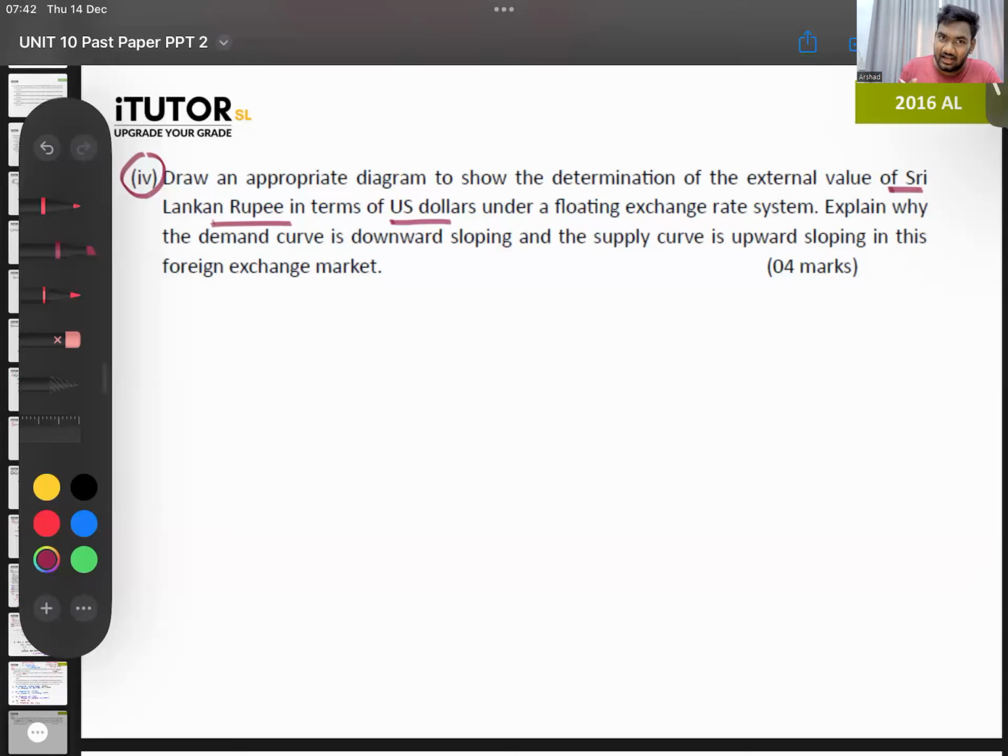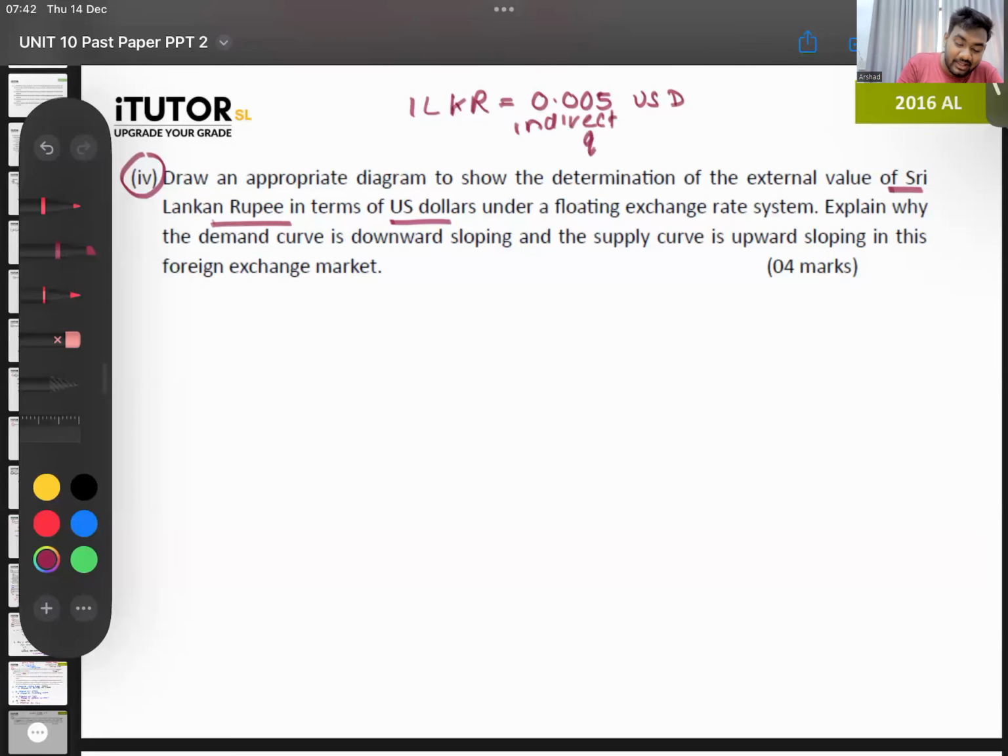Show the Sri Lankan rupee in terms of this. So they are asking 1 LKR equals how much US dollar. Show it that way. So let's say 1 LKR is 0.05 US dollar. What is this? They are asking for the indirect quotation.